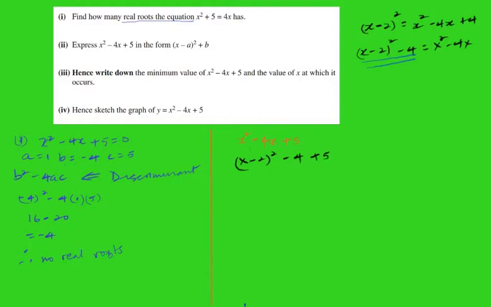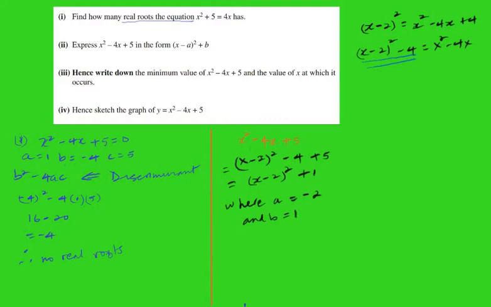And simplifying this now, we would end up with x minus 2 all squared plus 1, where a is equal to negative 2 and b is equal to 1.